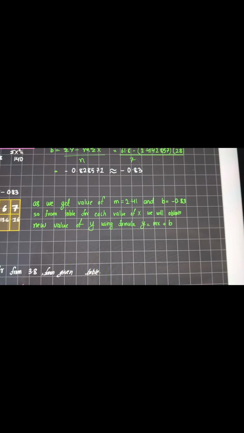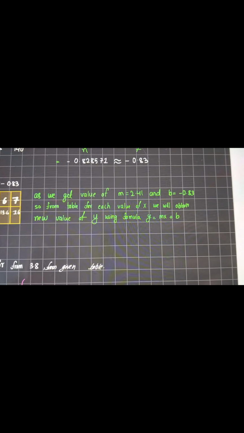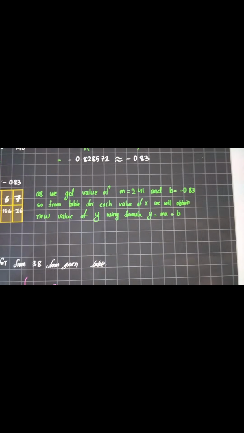So as we get the value of slope m as 2.41 and b as minus 0.83, from the table for each value of x we will obtain a new value of y using the formula y equals mx plus c or mx plus b, whatever you say.